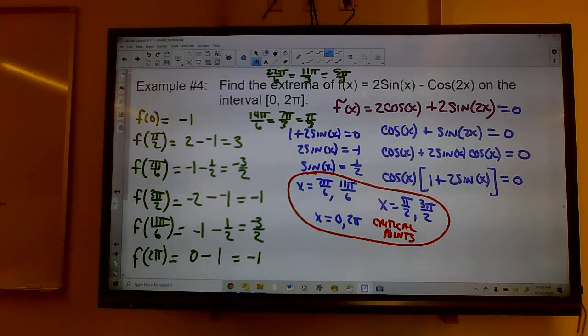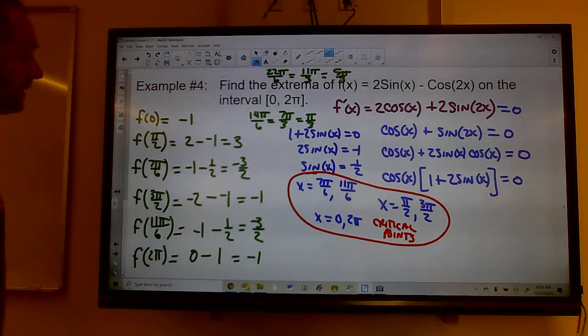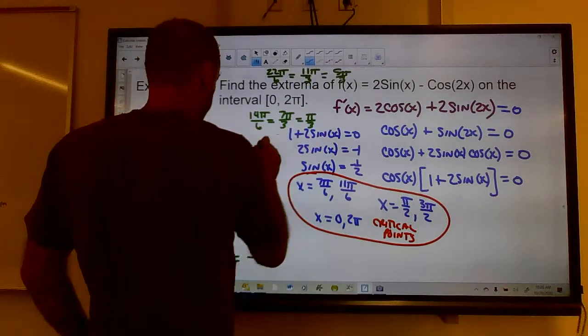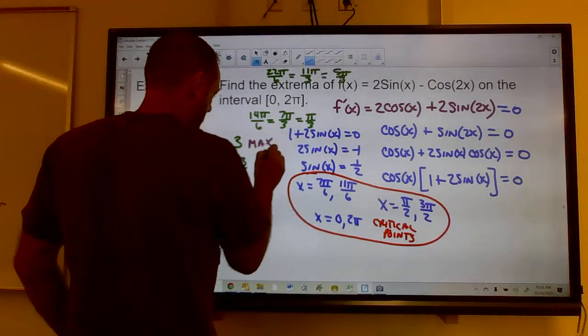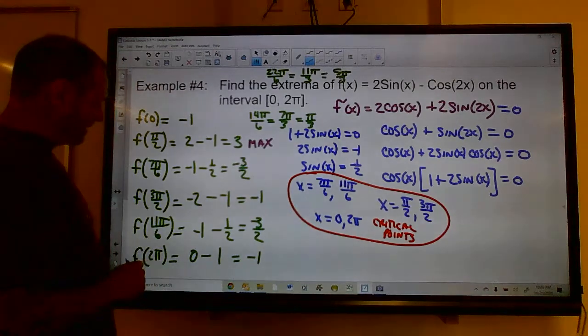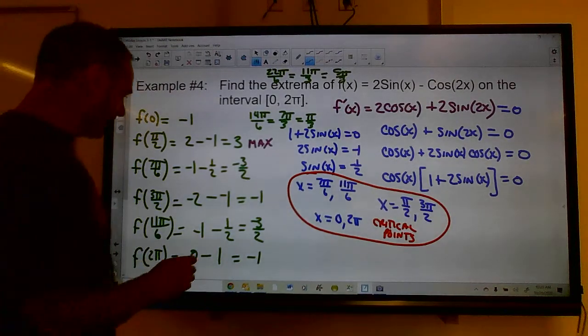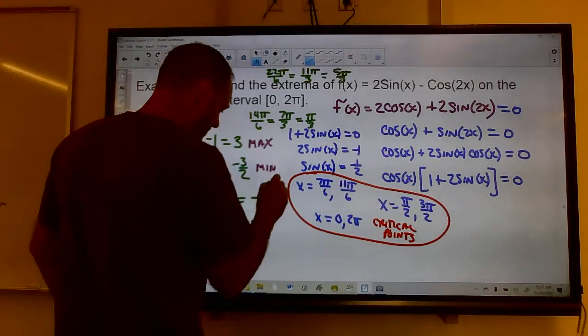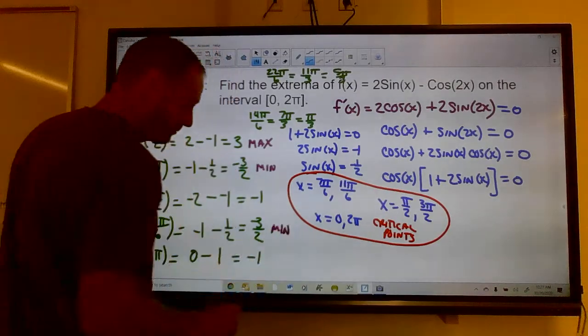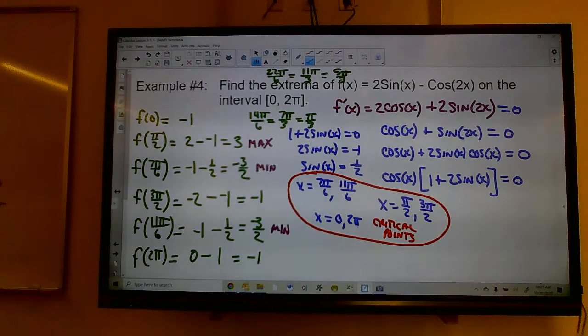Okay. How'd we do? We got all of those correct. So this is my maximum. And my minimum, there's a couple of them though. So there's one here and one here. So I have two relative minimums on this one.